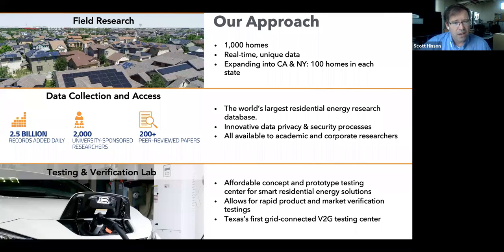Many of our volunteer participants have rooftop solar because we monitor the energy at the circuit level on a second-by-second basis with power quality information. We know how solar fits into the generation and demand profiles of a residential structure. We know how it impacts the grid interface at those terminals in terms of power quality. We like to make that data available to our commercial partners as well as academic researchers throughout the world.